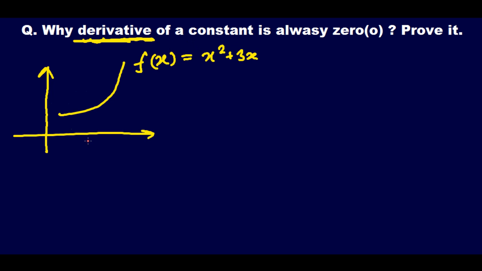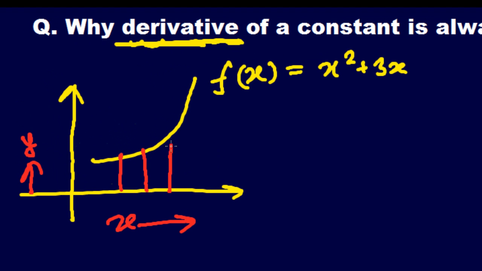So as the value of x changes, the y value is also changing. When x is here, y is here. When x is here, y is here. You can take a look.